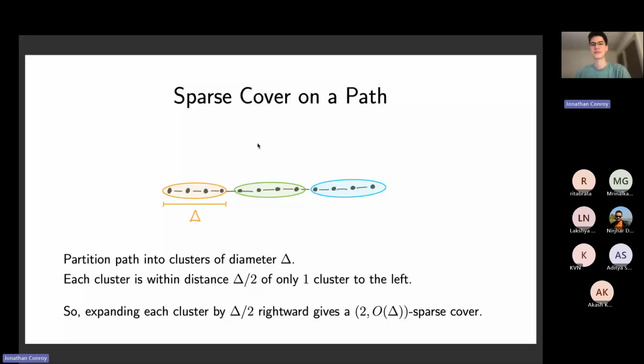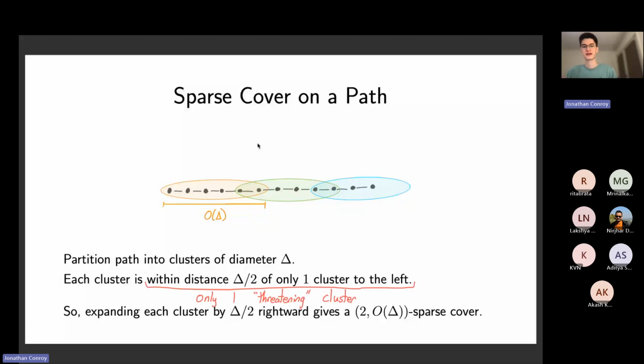So if you expand all of the clusters rightward by delta by 2, you get a 2, O of delta sparse cover. The key property that says this expansion is safe is that each cluster is within distance delta by 2 of only one cluster in this order. We call this the threatening cluster.